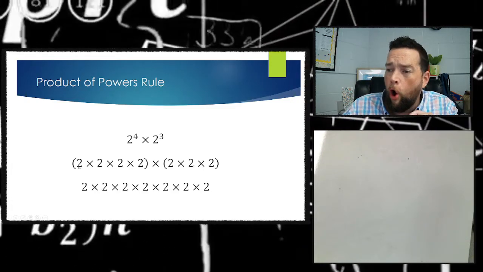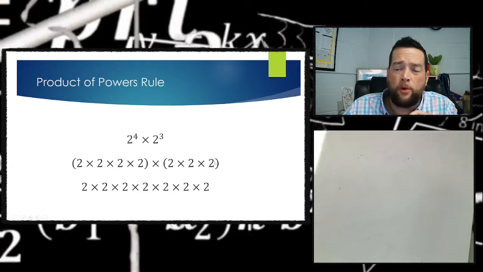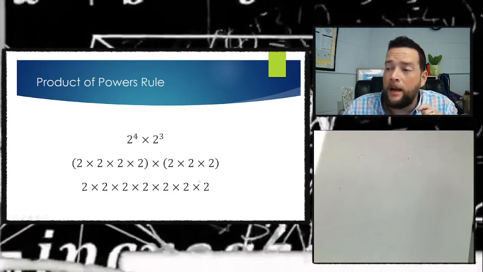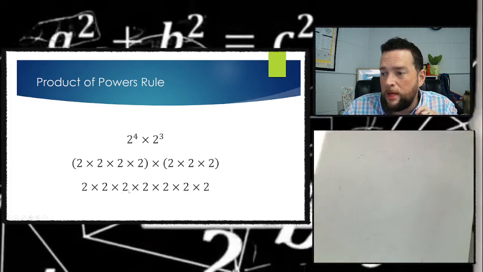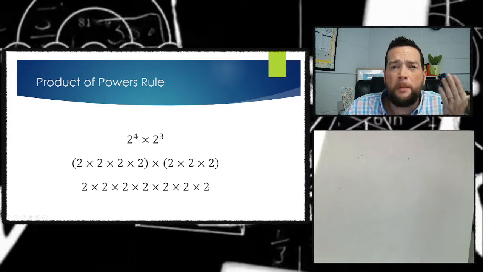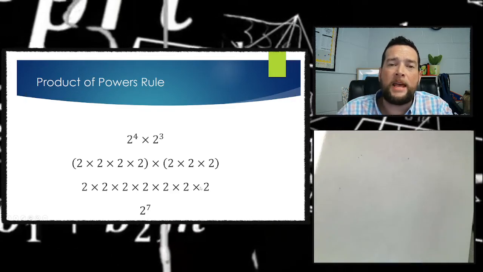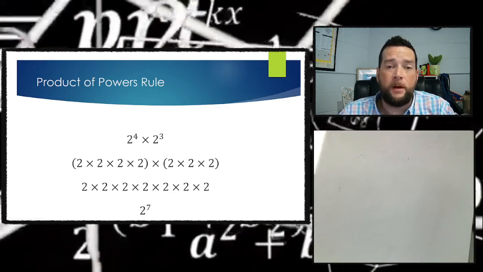Because it's all multiplication all the way through, ultimately, I'm just going to have to multiply all the numbers. Well, this is 2 times 2 times 2 times 2 and so on. It's repetitively multiplied, which I know is exponents. So I can represent that as 2 to the power of 7.